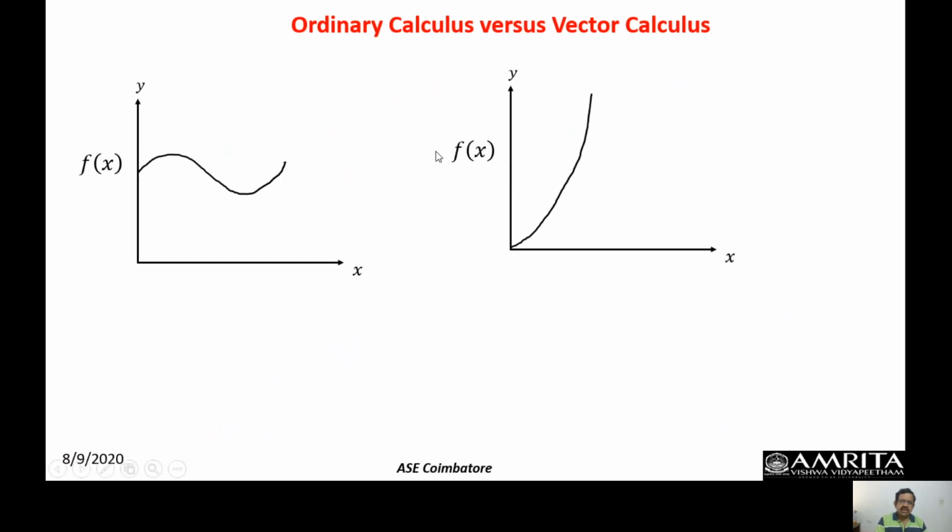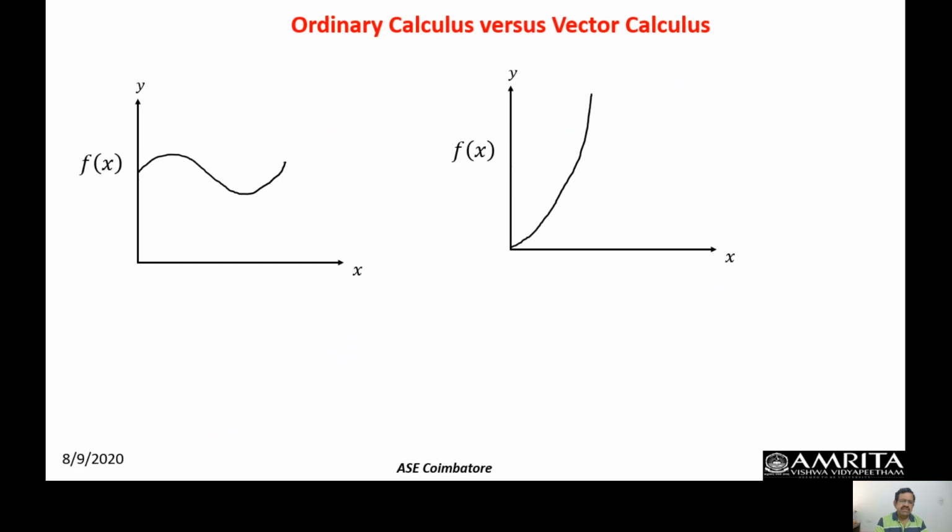The difference between these functions, shown on the left hand side and the right hand side of the screen, is that one of them is gradually varying and the other is a rapidly varying function. Now, how do I describe this variation with respect to the variable x? That is where we bring in the concept of differentiation.